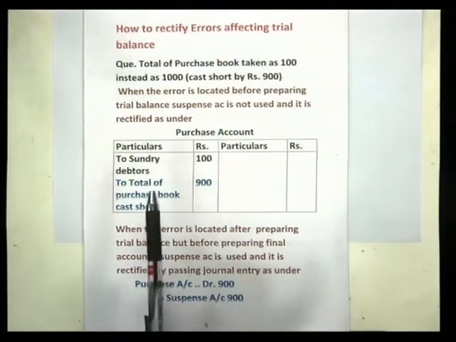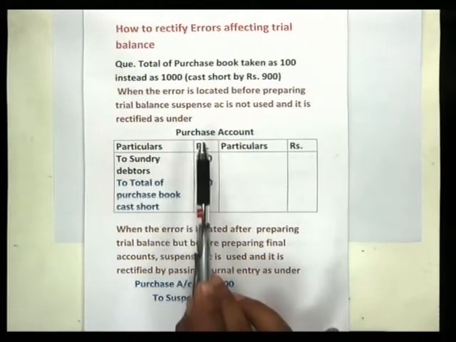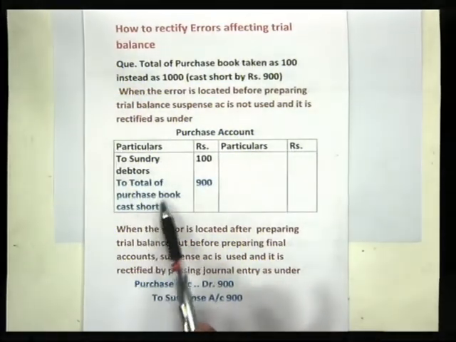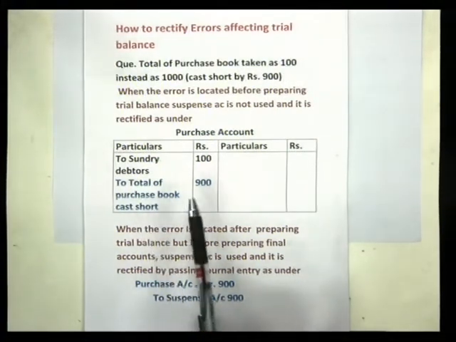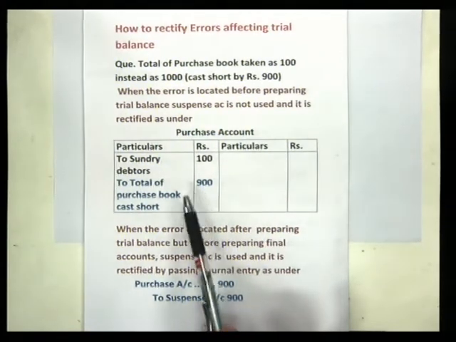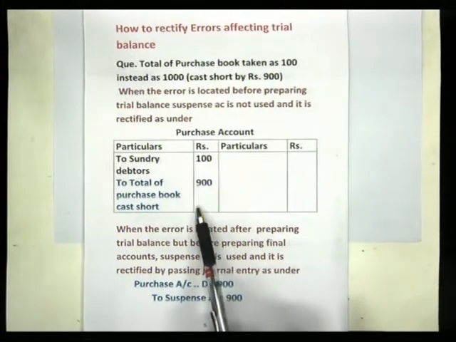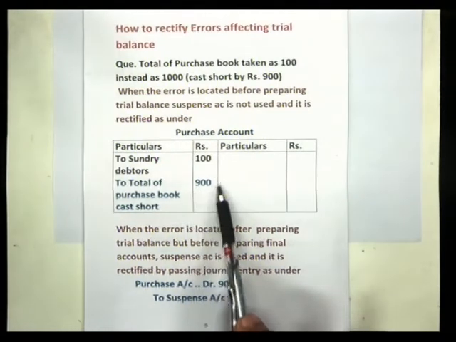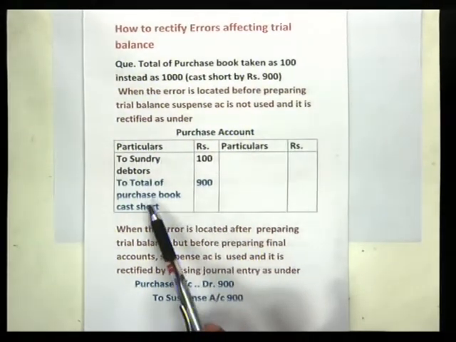So if this error is located before preparing the trial balance, then in the purchase account you have to give the remark like total of purchase book short cast. As the total is taken less, you have to give the difference amount on the same side. So 900 should be recorded on the debit side to make the total of purchase account rupees 1000, because 100 is already there. As 900 is taken less in the totaling, you have to debit 900 on the purchase account to rectify the error.